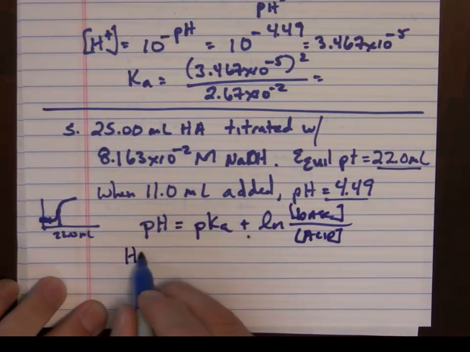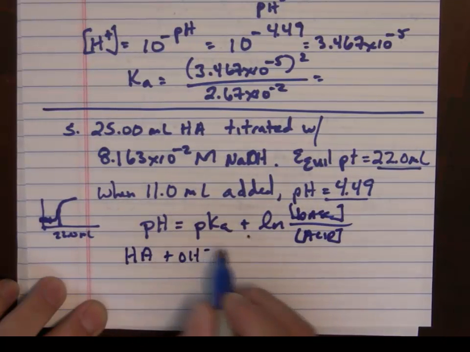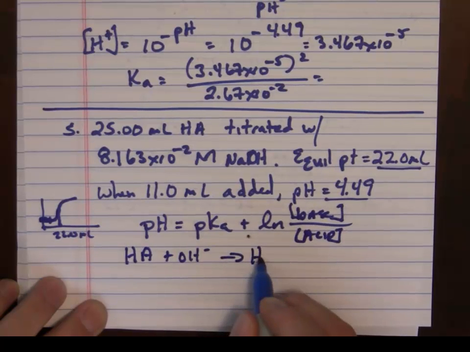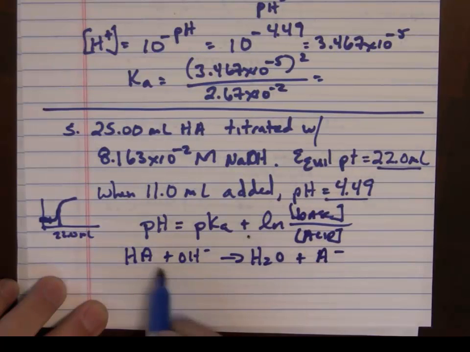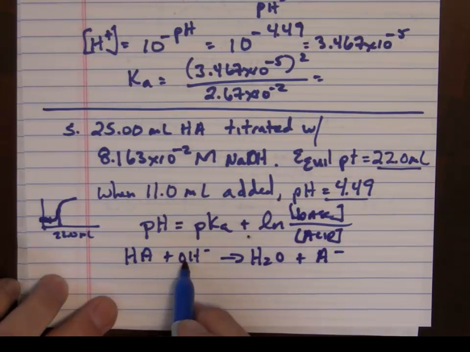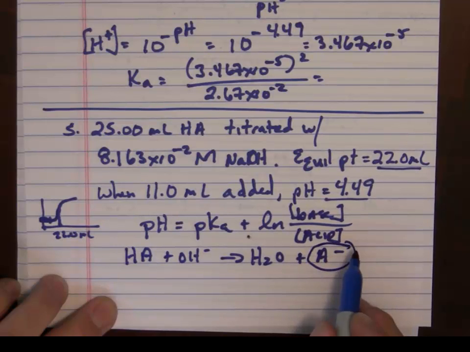And remember, since this is HA plus OH minus, it's going to make water plus A minus. And when I'm exactly at the equivalence point, these are equal amounts, and all we have left then is this.